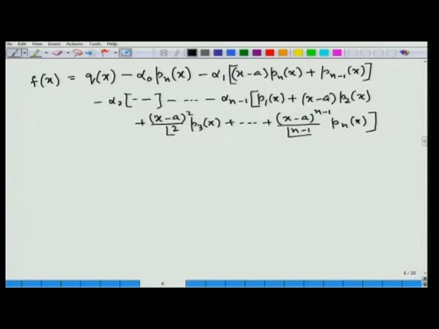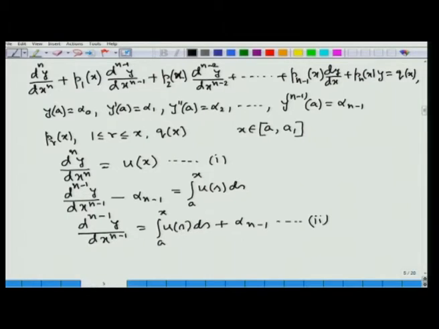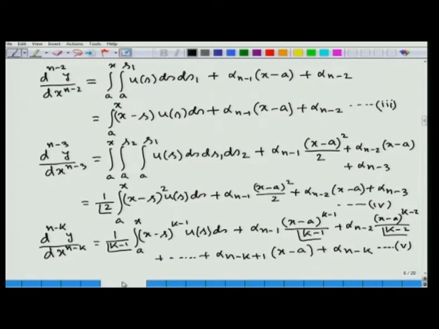Now, what will be the structure of the kernel? K x comma s is actually the collection of the integrand involved with u s terms. So, from the first one, you will be having just minus p 1 s. Then from the second one, p 2 s multiplied with x minus s, then p 3 s multiplied with this one.